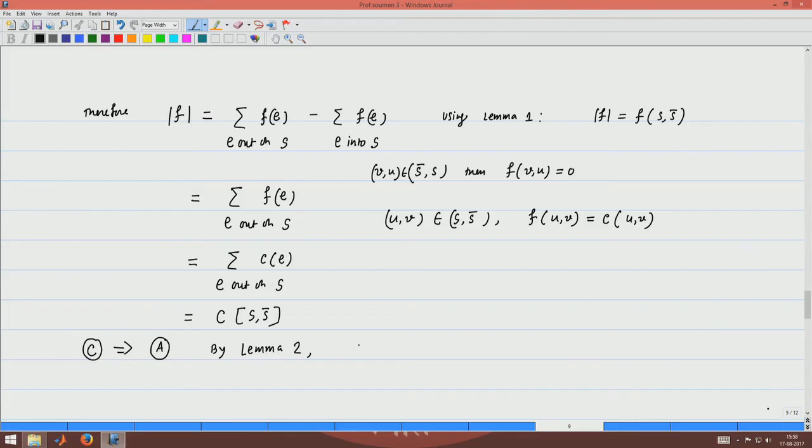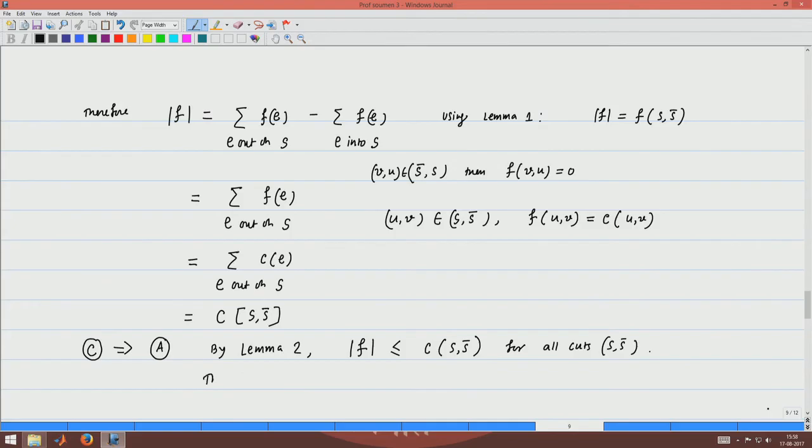what we know is that the flow value is always less than or equal to the capacity of an arbitrary cut, for all cuts S complement.